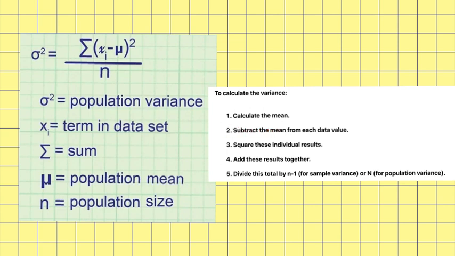Second, subtract the mean from each data value. 3, square these individual results. 4, add these results together and then divide by either n-1 or n. The IB always use the population variance, so you divide by n.